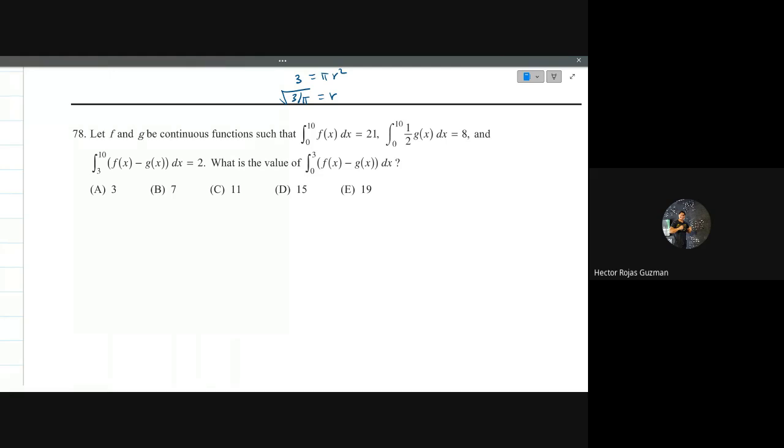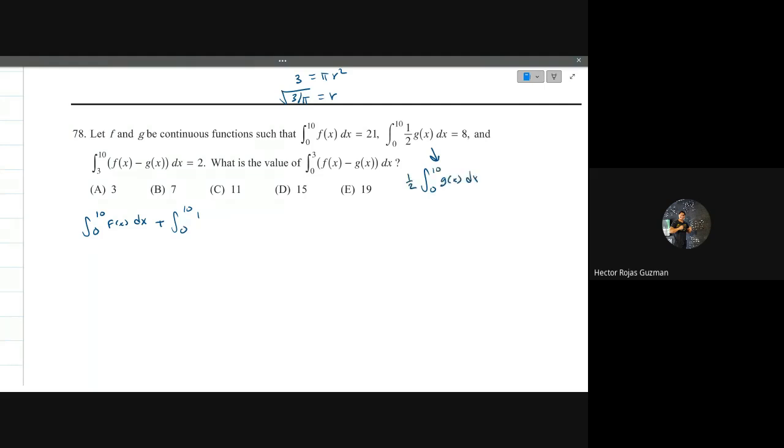All right. So here's what I'm going to start by doing. Let's see. The integral from 0 to 10 for f of x dx plus the integral from 0 to 10, no, let me adjust this one. This one right here is going to be the integral from 0 to 10. We can take the 1/2 to the outside. We know it's equal to 8.